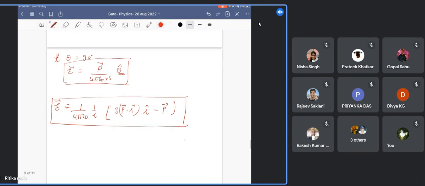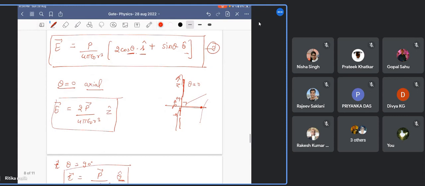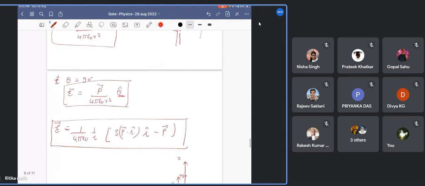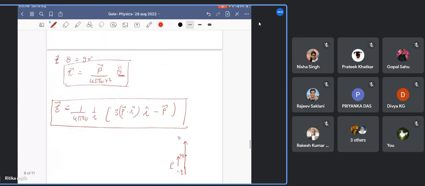For example, you have a z direction and you have a dipole moment, positive charge and negative charge, and your dipole moment is in this direction z. But you want to write it in the r cap and theta cap directions, so you separate its component into one in the radial direction and one in the theta cap direction.